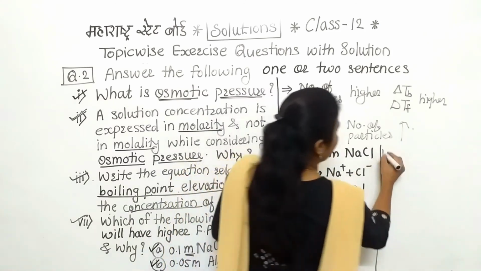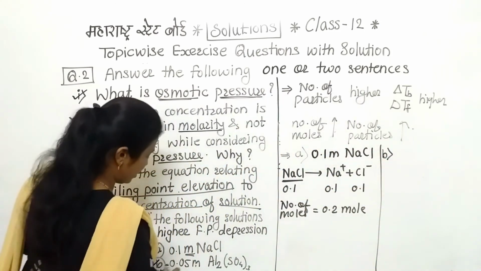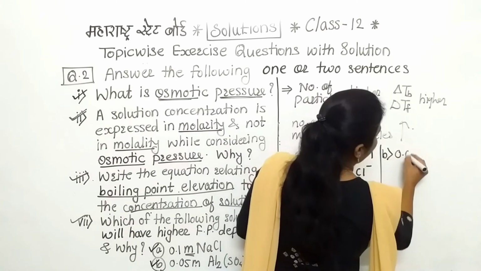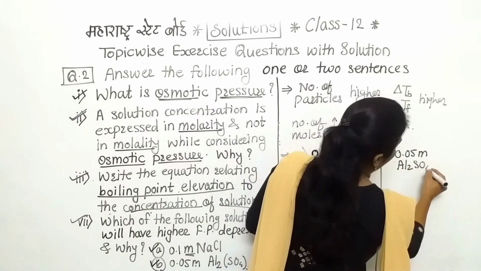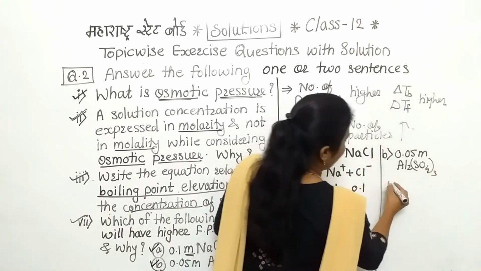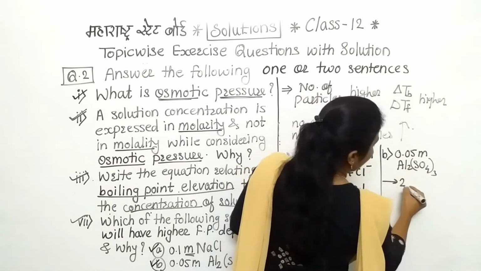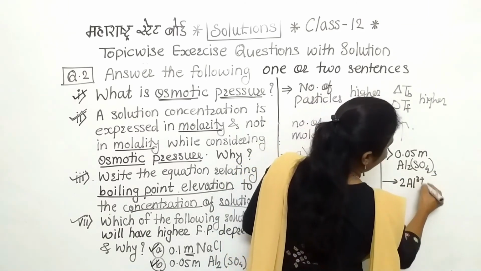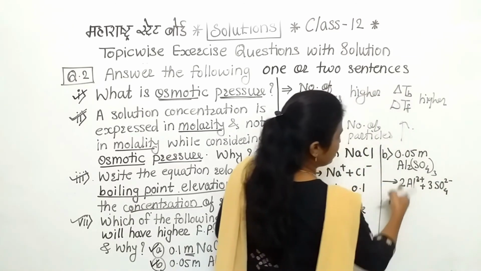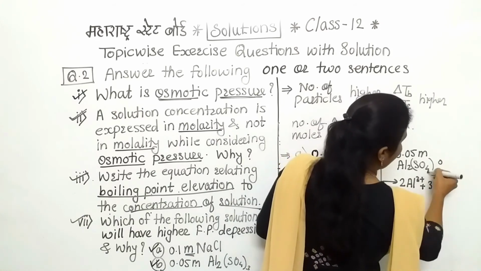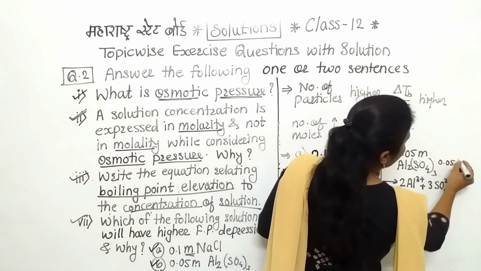Now we will calculate the number of moles for the second one, that is the 0.05 moles of aluminium sulfate. After ionization, we will get 2 moles of Al3+ and 3 moles of SO4 2-. The number of moles of this one is 0.05.